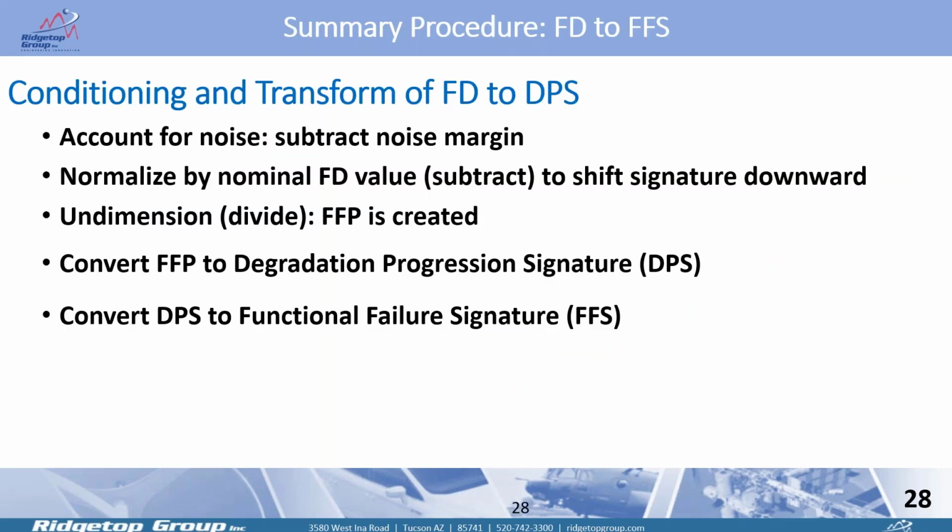Next. Okay. What we have done to summarize the first part of this seminar is we've accounted for noise. We do that in addition to the standard filtering and signal shaping and smoothing. We subtract the noise margin. We shift that curve downward so we're not unduly bothered by noise. And then we've normalized the FD value by subtracting it to again shift the signal.